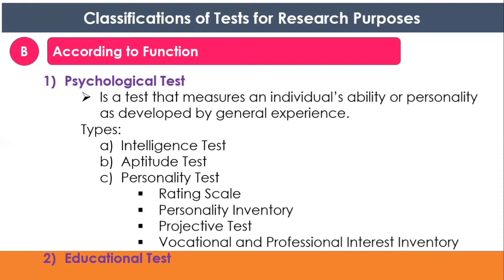And if it's a projective test, it is a method of measurement of an individual's personality in which the stimulus is usually unstructured and produces responses reflecting the person's individuality. So the Rorschach test consisting of ink blots is an example of a projective test.